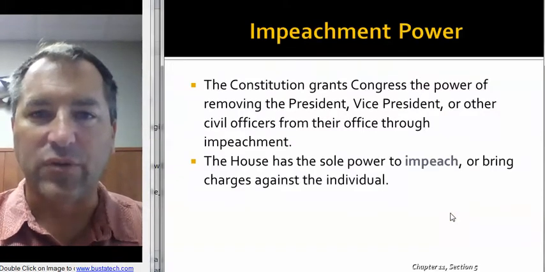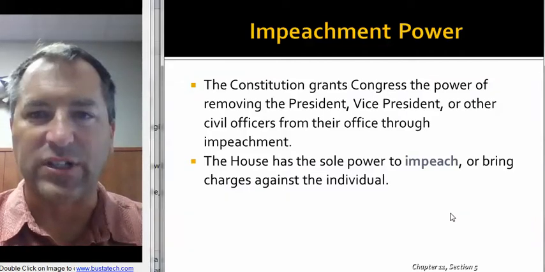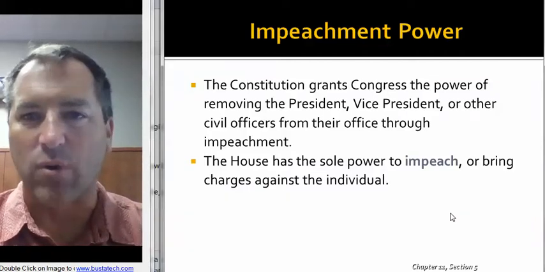The House has the power to impeach a president, and that has happened twice. Most recently, President Bill Clinton was impeached by the House. However, the president is allowed to finish his term even as impeached, unless he is then tried in the Senate and found guilty, and then he's thrown out of office.